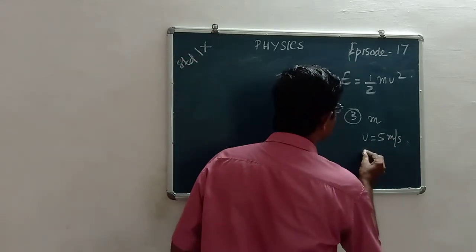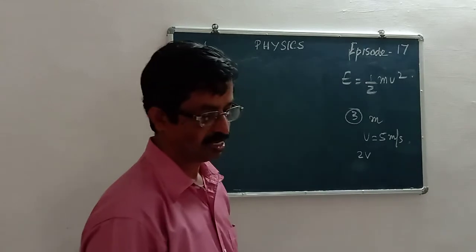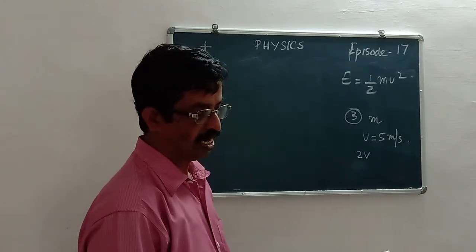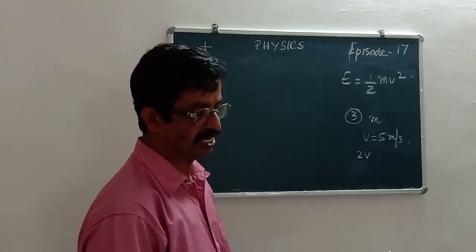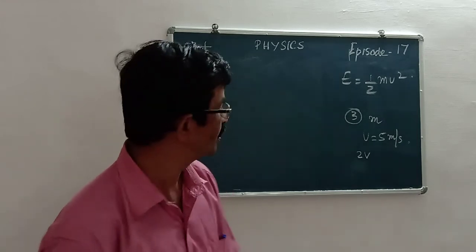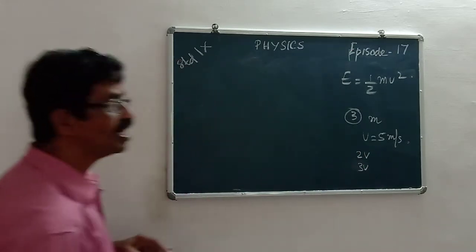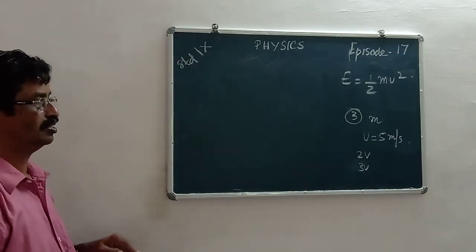When its velocity is doubled, it becomes 2v. And what will be its kinetic energy when its velocity is increased 3 times? That means velocity becomes 3v. These are the things we want to find out.